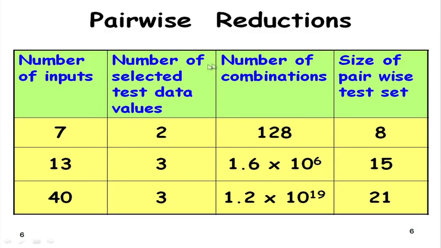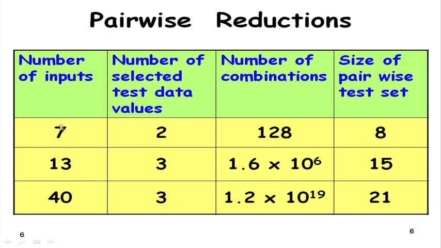we would have found out all the bugs, and the reduction in the number of test cases required is really dramatic. Just see here, if the number of inputs is 7 and each one can take 2 values, these are Boolean, 7 Boolean inputs, then the number of combinations is 2 to the power 7, which is 128, but the size of the pairwise test set is 8.